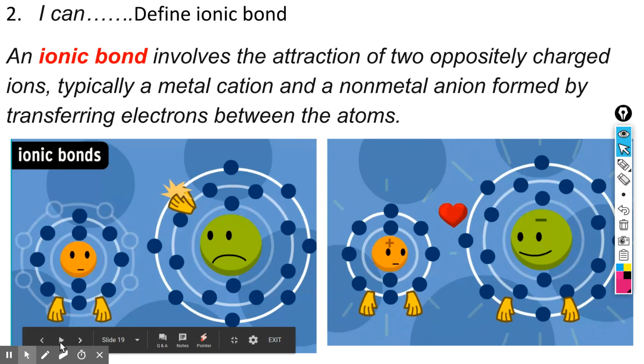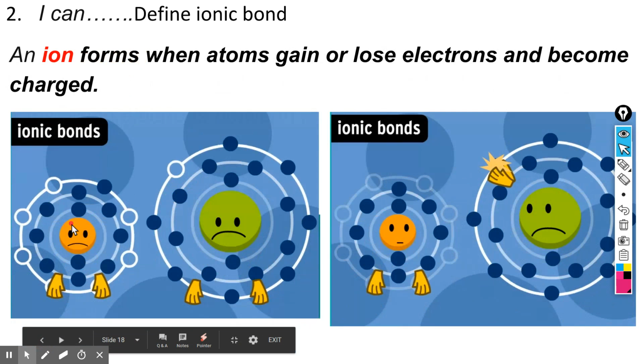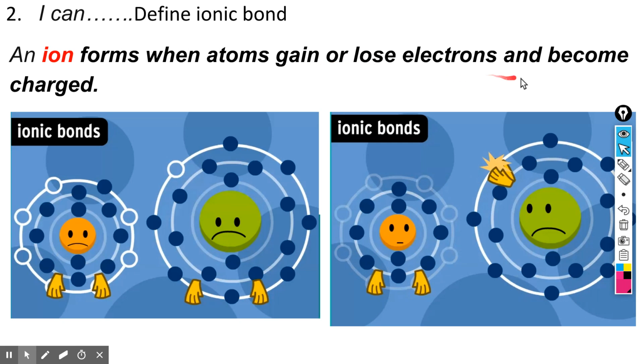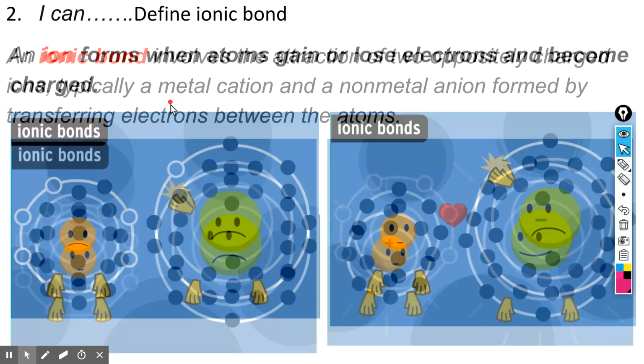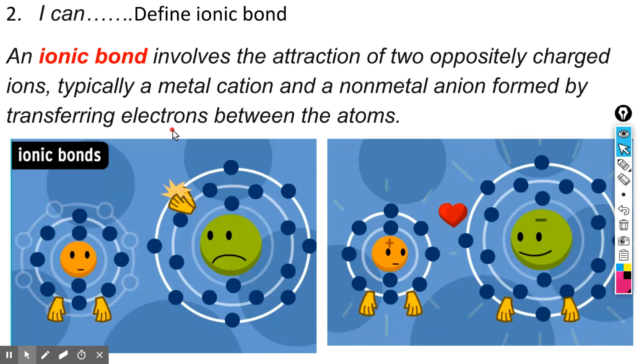So number 1 on your paper was, how do ions form? Ions form when atoms gain or lose electrons and become charged. Number 2 on your paper, remember you can pause this, so I'm just going to keep going. What causes ionic bonds to form?